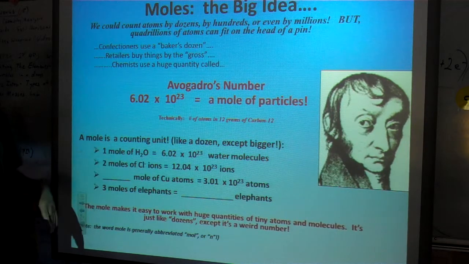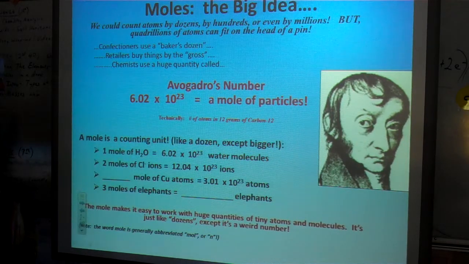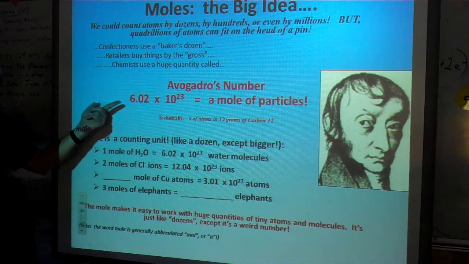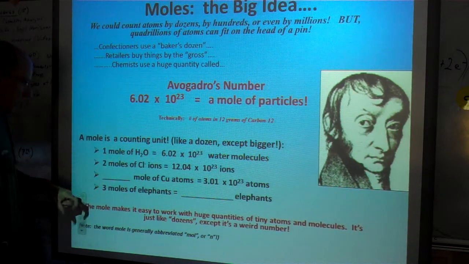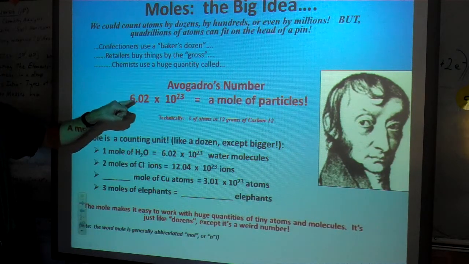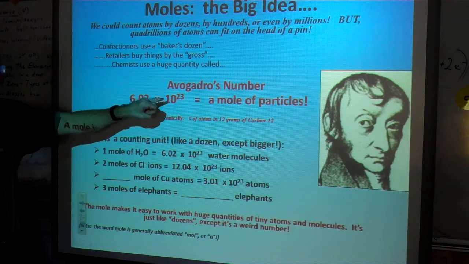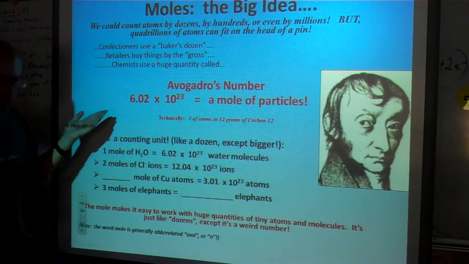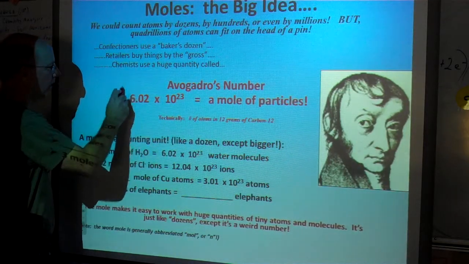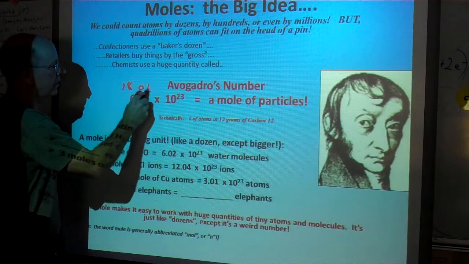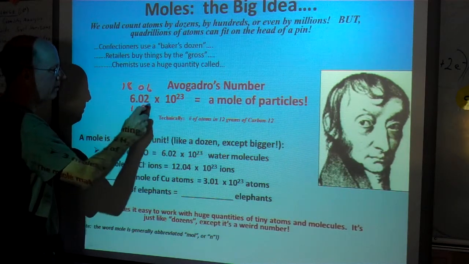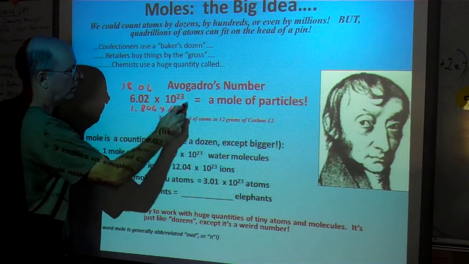And you could use this for anything you want, such as elephants. How many elephants are there if you have 3 moles of elephants? Well, it's 3 times this number. Let's just estimate this, shall we? 3 times 6 is 18, so the answer is 18, a little bit more, 18.06 I guess, times 10 to the 23rd, which your calculator will show as 1.806 times 10 to the 24th.